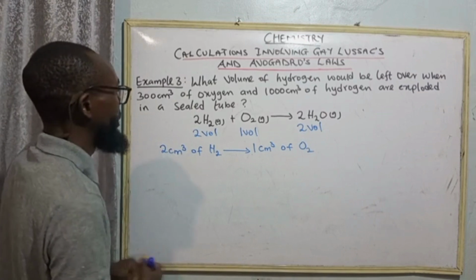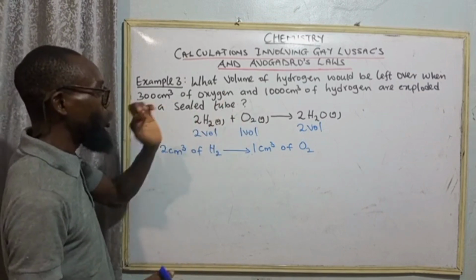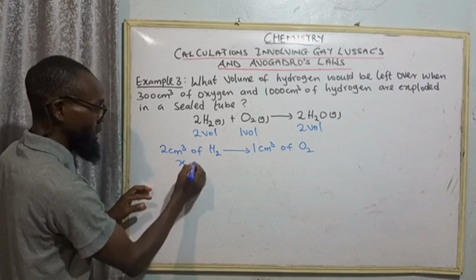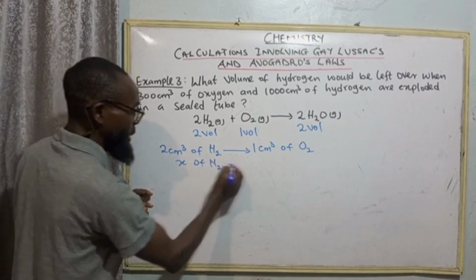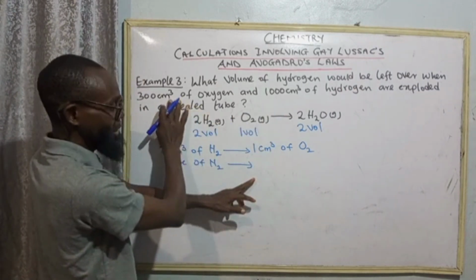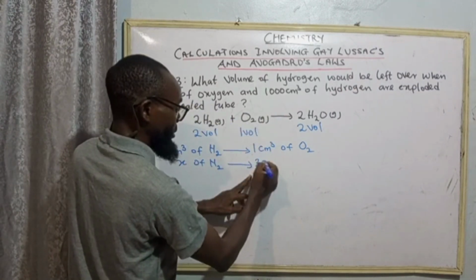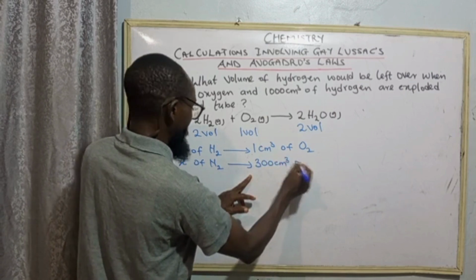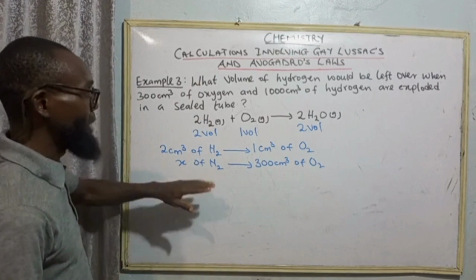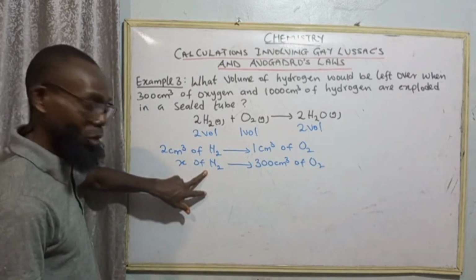Now, what volume of hydrogen will be left over? How much hydrogen is going to react with that of oxygen, which is 300 cm³ of oxygen? Because we are asked to find the volume of hydrogen that will be left over.